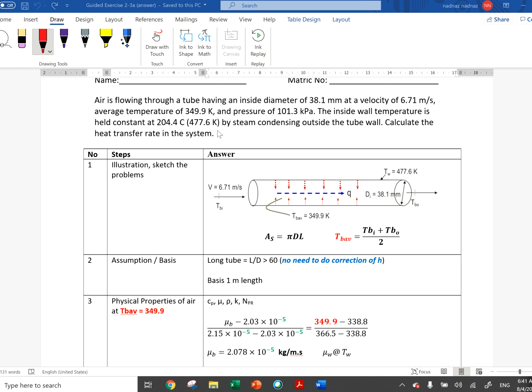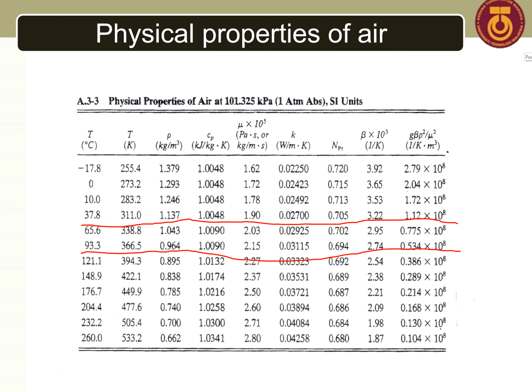Please look it up in the table. Since this temperature is the same as a temperature in the table, you can straight away take the value of mu W. If the temperature is not one of the given temperatures in the table, then of course you need to do the interpolation, which is the same step that I have just shown.